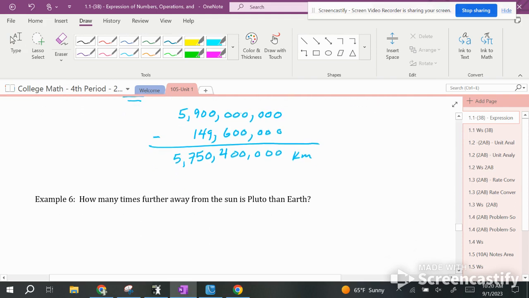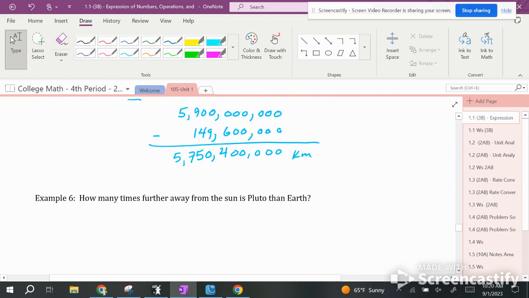Kilometers. Okay, how many times further away? If I have a small thing, what mathematical operation am I going to do to find how many times bigger? Small times what equals bigger?